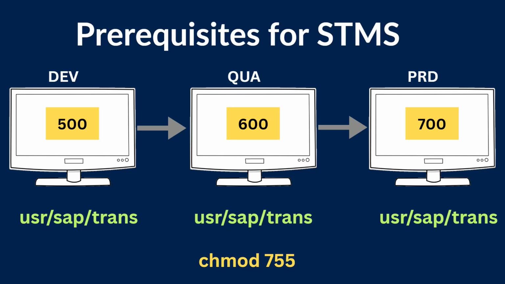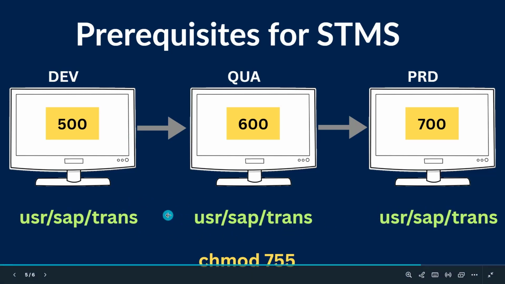And the next one is the /usr/sap/trans directory. This directory should be accessible and shared between the entire landscape. That means at OS level, in Linux based systems, every system has its own /usr/sap/trans directory, and this should be open for the entire landscape.